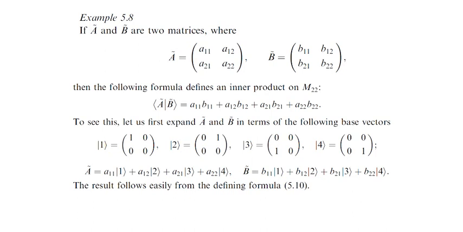So for a square matrix, the inner product can be defined like this: A11 B11 plus A12 B12 plus A21 B21 plus A22 B22. Please don't confuse it with ordinary matrix multiplication.